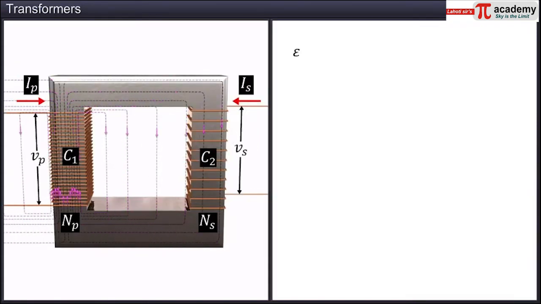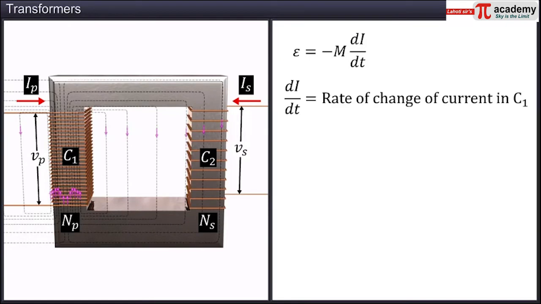The EMF induced in the coil C2 is equal to minus M dI by dt, where dI by dt is the rate of change of current in the coil C1 and M is the mutual inductance of the coils. The negative sign here indicates the direction in accordance with Lenz's law.